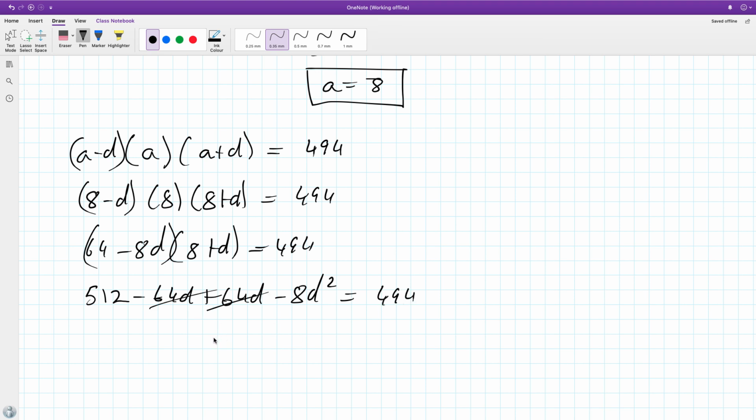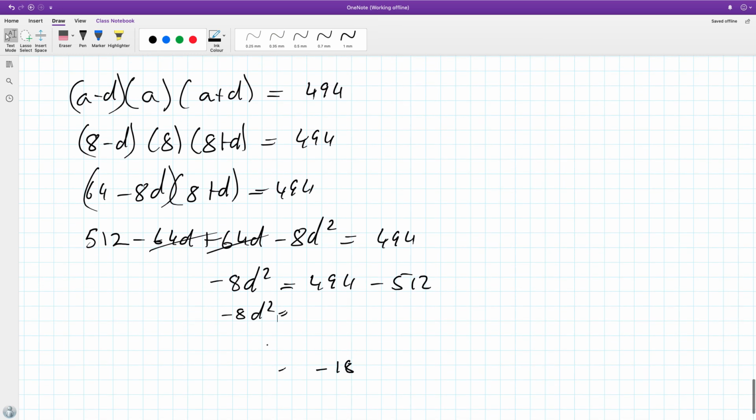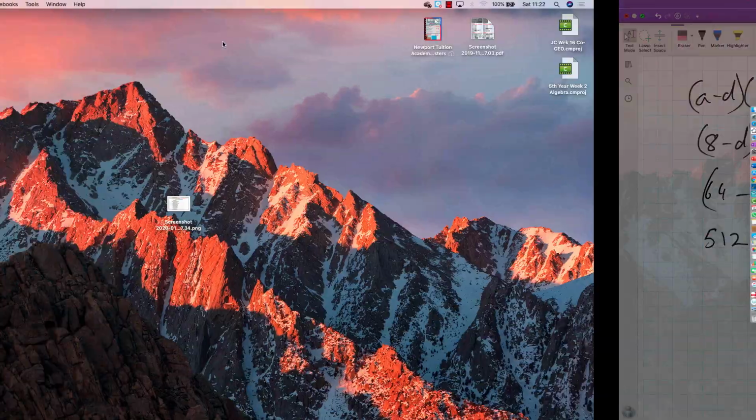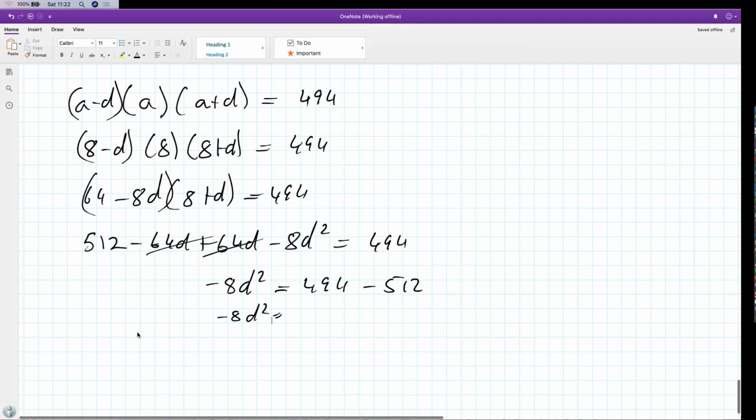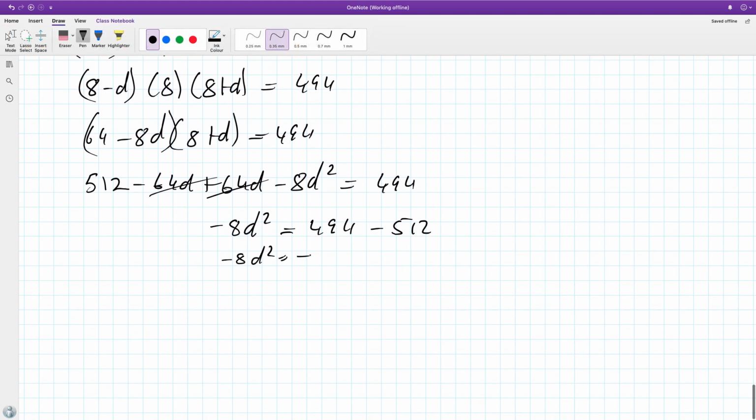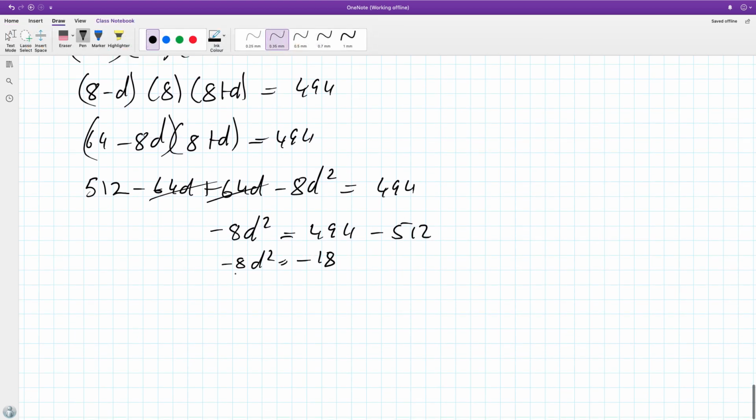The D terms are gone. Minus 8D squared is equal to 494 minus 512, which is minus 18. Divide across by minus 8.